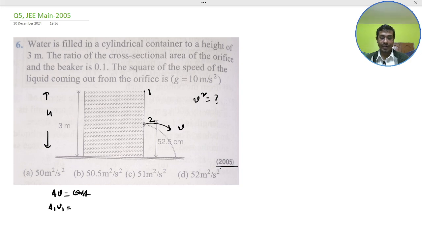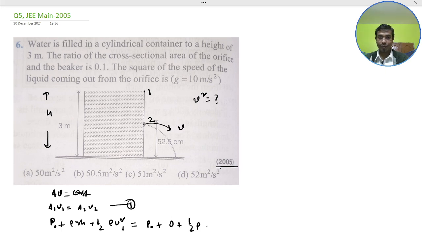So A1 V1 is equal to A2 V2. This is equation number 1. Next one, Bernoulli's principle: P naught plus rho g h plus half rho V square is equal to constant, so P naught plus half rho V1 square is equal to P naught plus, here this would be 0, basically the height is negligible, plus half rho V2 square.